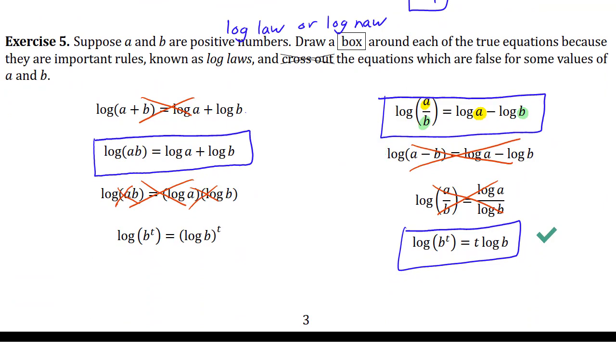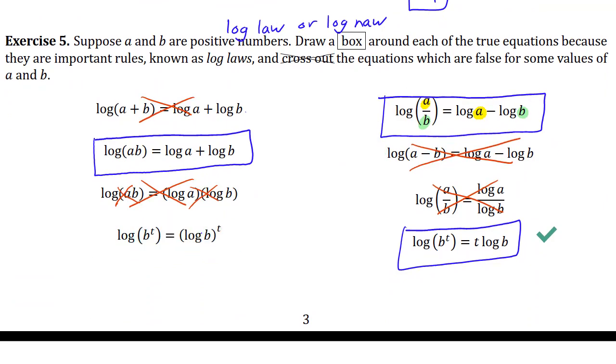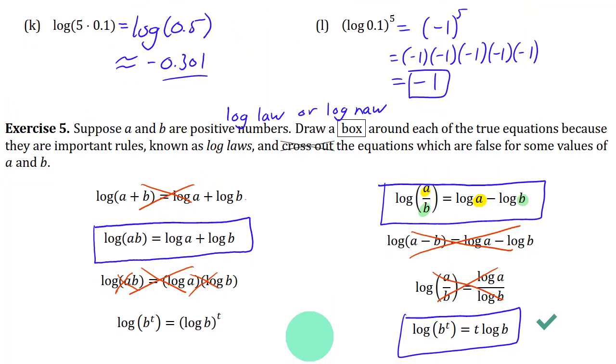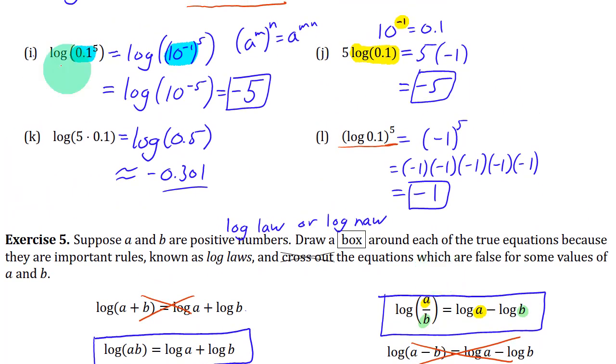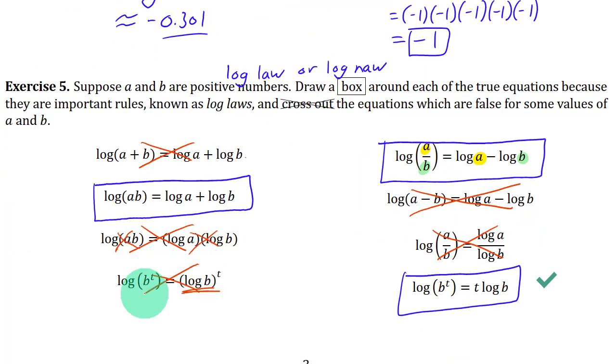On the one hand, we have log of b to the power t, and then log of b first and then doing that to the power t. That gives you a totally different thing than the way we got doing it here, where it came out to be negative 5. So this is a log no.